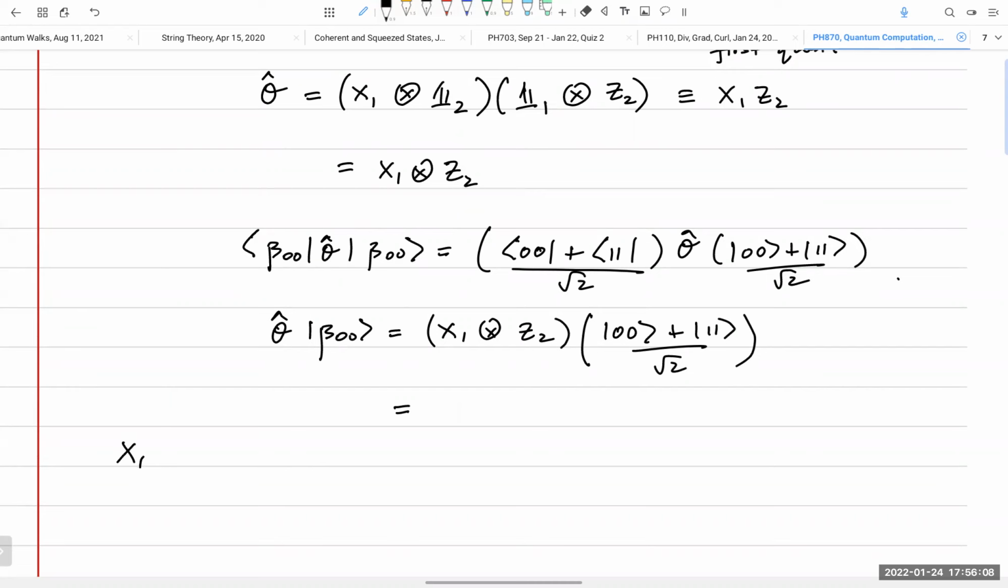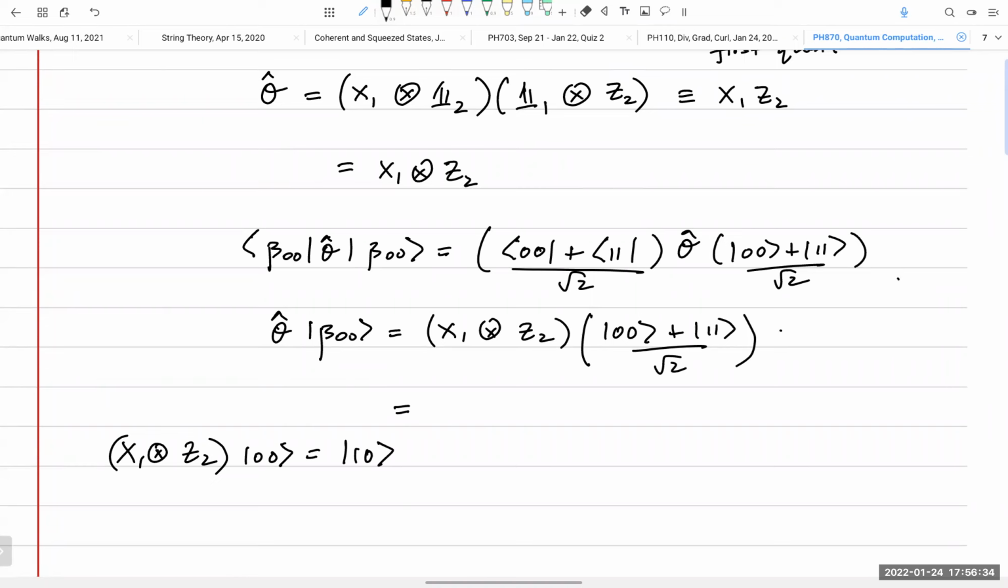So let's just take x1 tensor z2 and act on 00. What will be the result? Ujjwal, can you tell me? So 1 and 0. Right. So x1 will flip the first qubit and z2 will just give me 0.